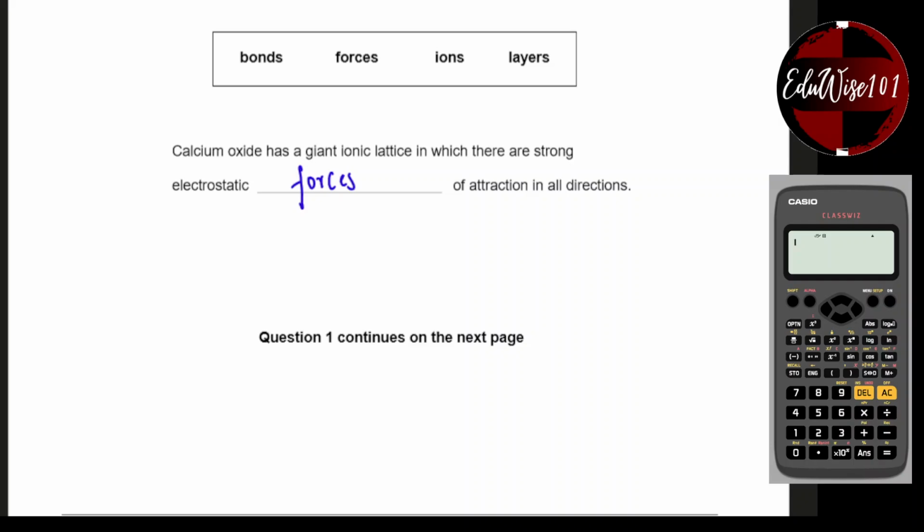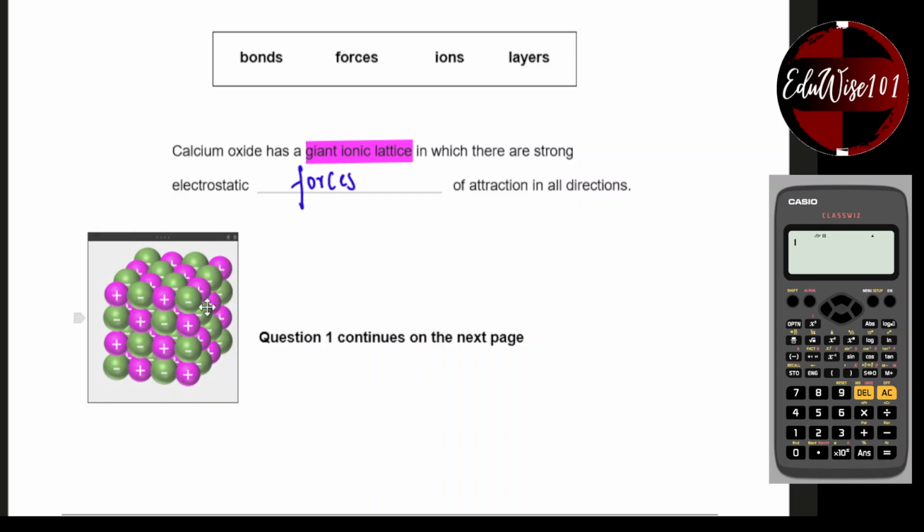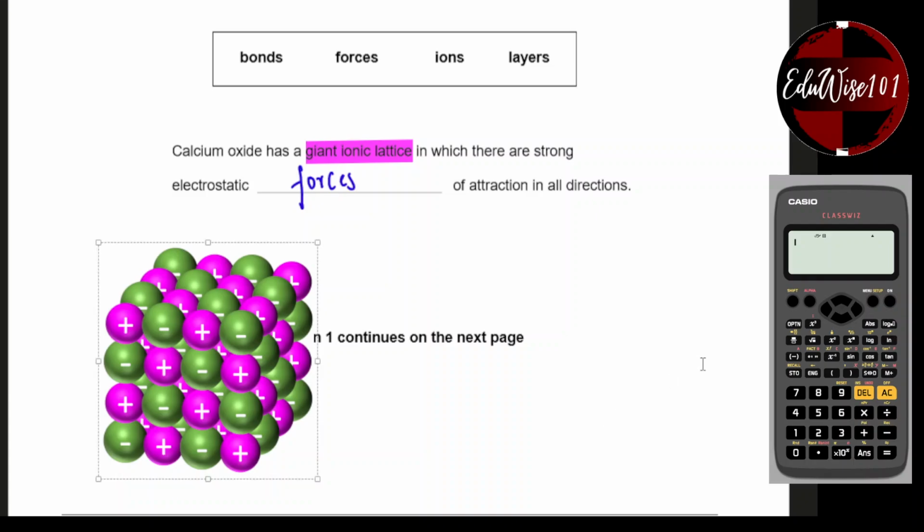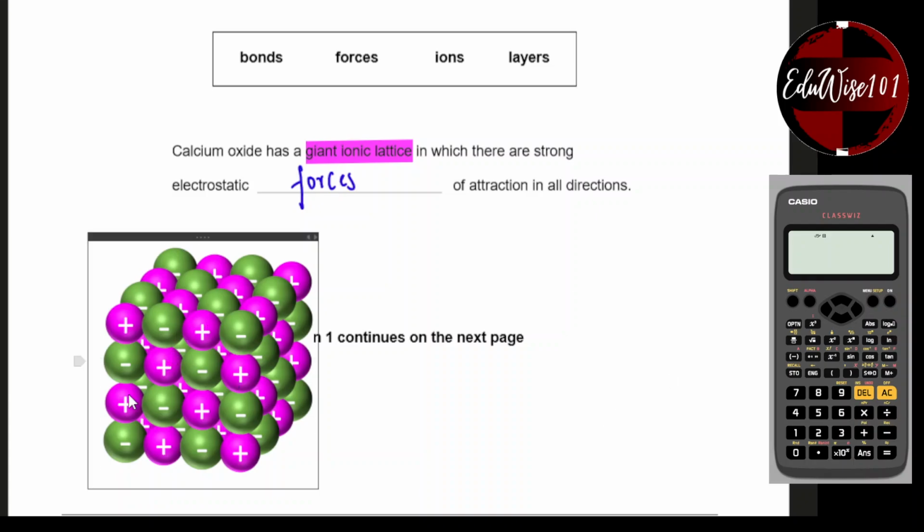So, to give a quick description of what this giant lattice structure means, you should be able to recognize this giant lattice structure for ionic compounds. Right, so an ionic compound like sodium chloride, any of the salt, will actually look like this with positive and negative ions surrounded by each other.